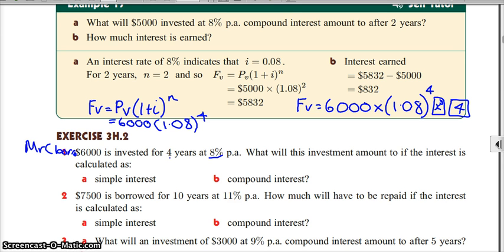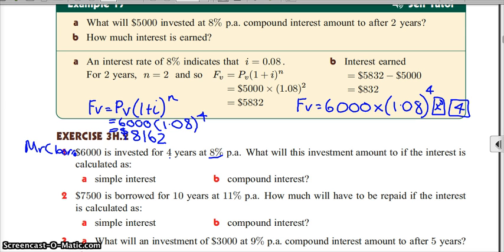So, Lee, when you did that, what answer did you get? You haven't got a calculator, have you? I got like 8,000 flat. No, are you able to do it just quickly, please? 6,000 times 1.08 raised to the power of 4. What is that, Ryan? 8,162.